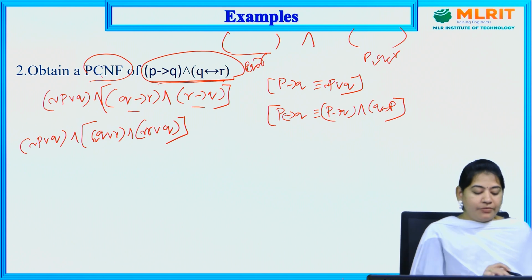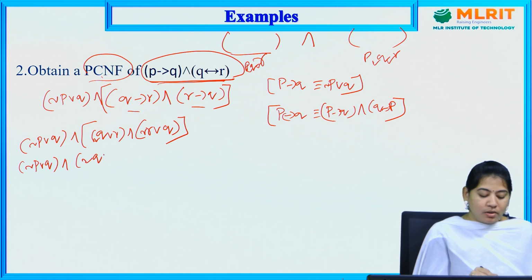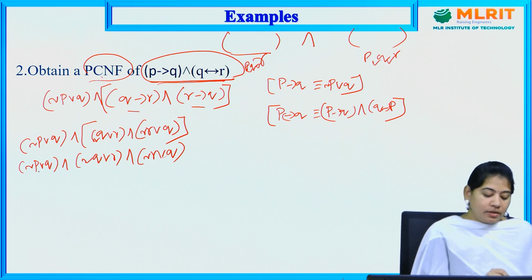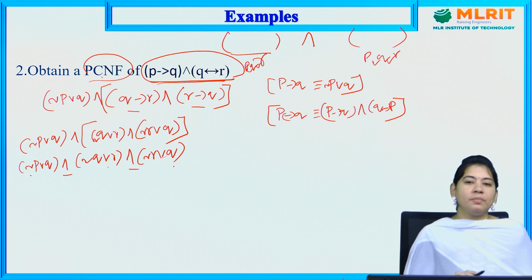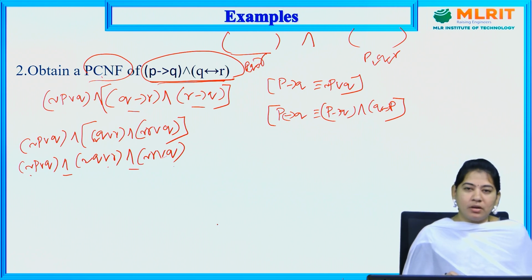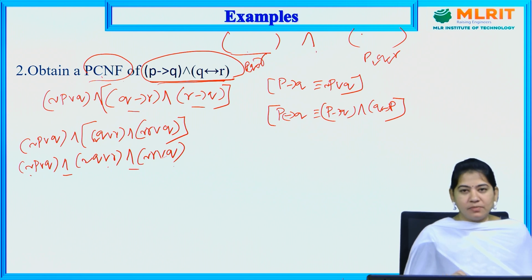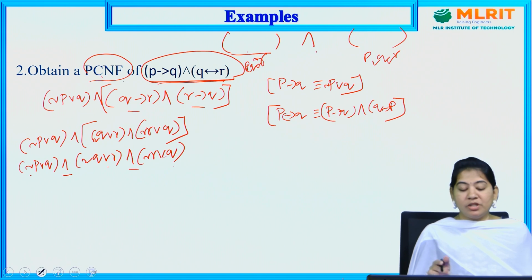So here, if we release the brackets, the answer we are getting is negation P or Q, and negation Q or R, and negation R or Q. Now, in between we have the product and these are called elementary sums, but this is not PCNF here. Why? Because for the PCNF you should get a product of max terms, and for max terms you should have all three variables which are there in this question.